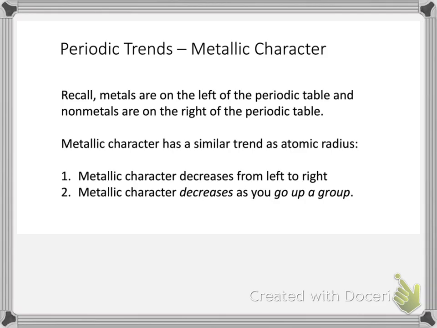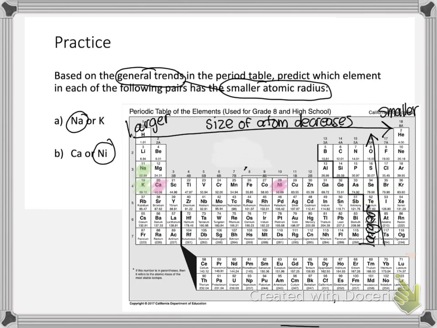I want to go back to this periodic table and remind ourselves that this stair-step line is a divide, or can be used as the divider between metals on this side and nonmetals on this side. Hydrogen also is a nonmetal, which is over here. So just as a reminder.